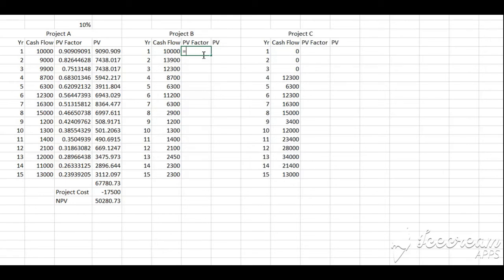So PV factor calculation will be same because we are comparing projects. So 10% is the average inflation which is going to be in another 15 years future. That's a strong assumption, but we have to take it, and we have to freeze cell number C2. So dollar C dollar 2, that is fixed, and then to the power 1.